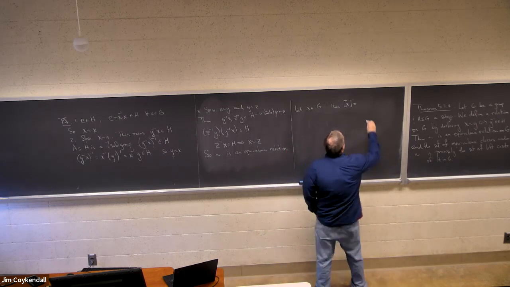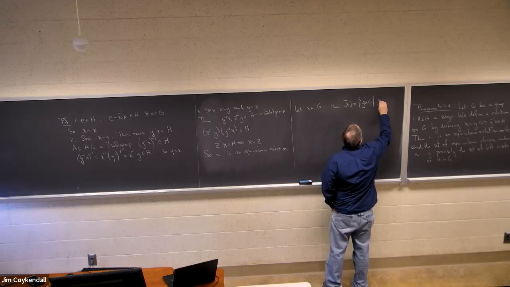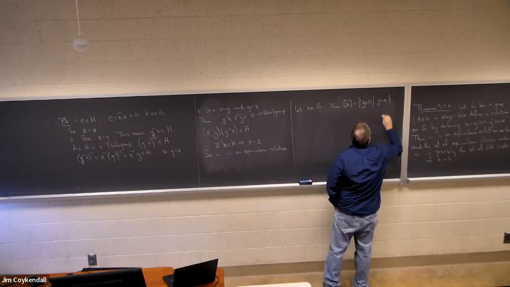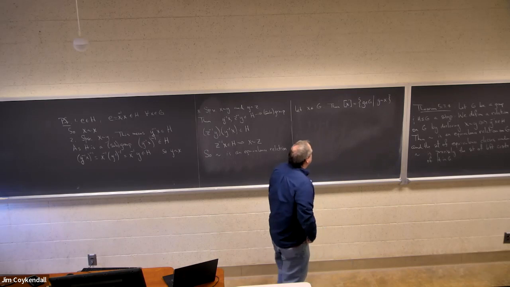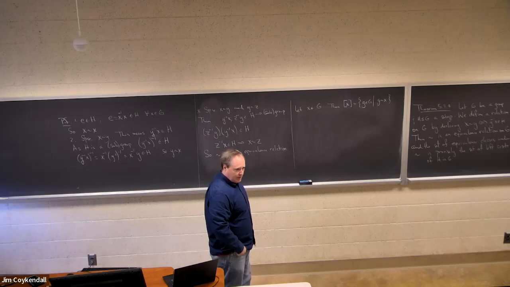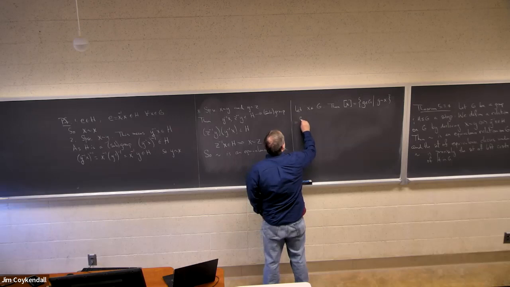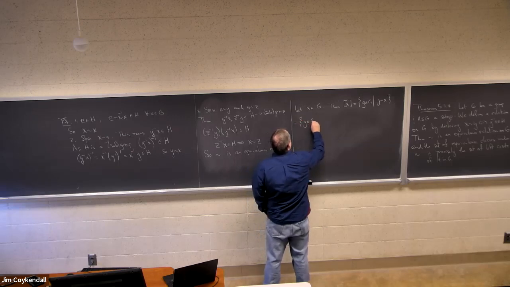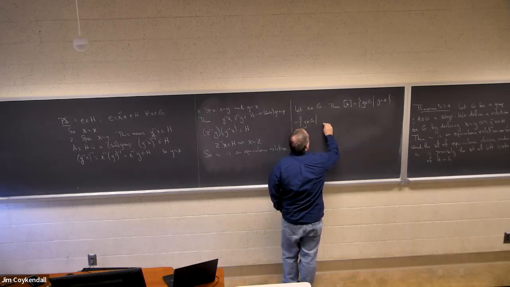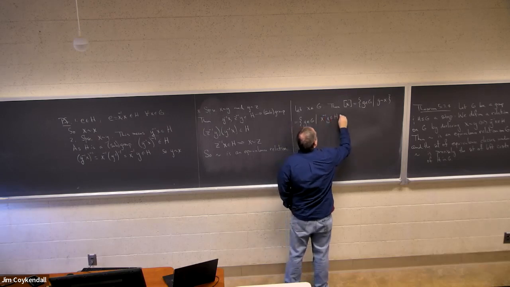This is all the elements in G such that g is equivalent to X. So this is the set of g in G such that X inverse g is in H.